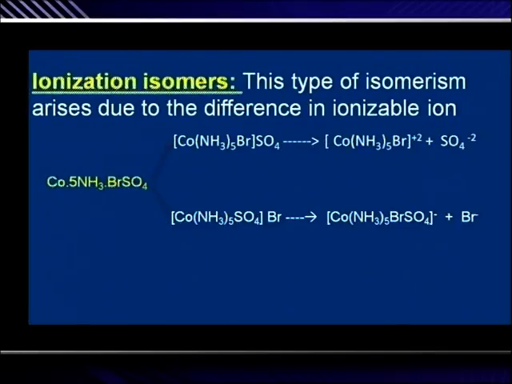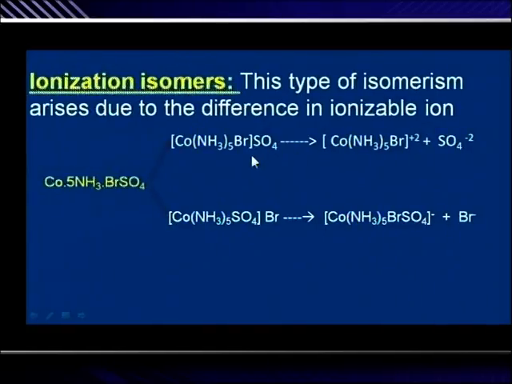Here we can see these two compounds have the same molecular formula. Observe, friends: 1 cobalt and 1 cobalt, 5 ammonia and 5 ammonia, 1 bromine and 1 bromine, 1 sulfate ion and 1 sulfate ion. The molecular formula of these two compounds is the same, but when they are ionized, they give rise to two different ions, because in one the sulfate ion is outside the complex, whereas in the other the sulfate ion is inside the complex.